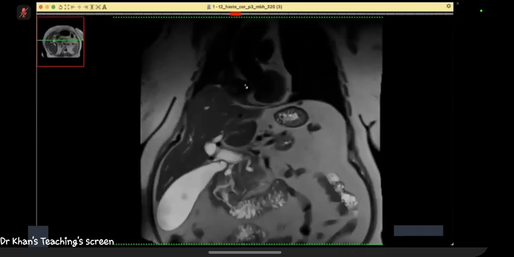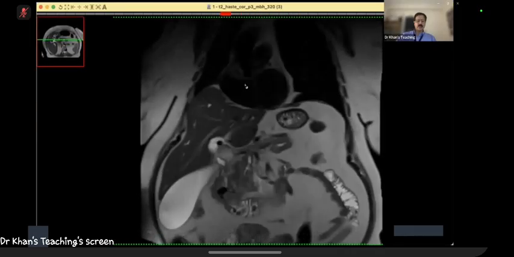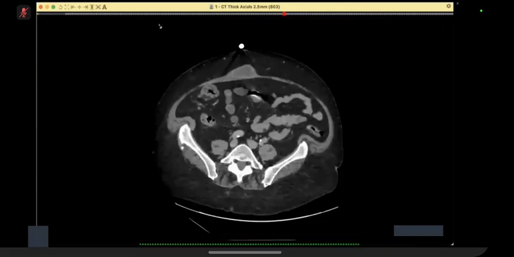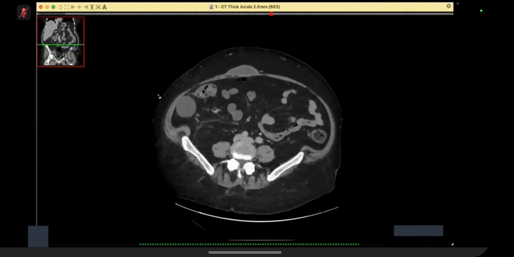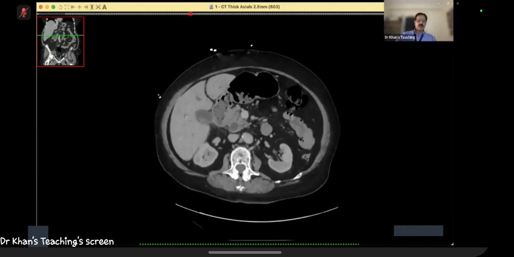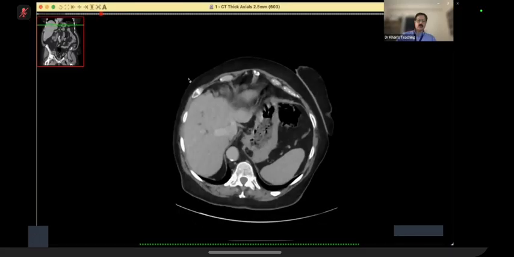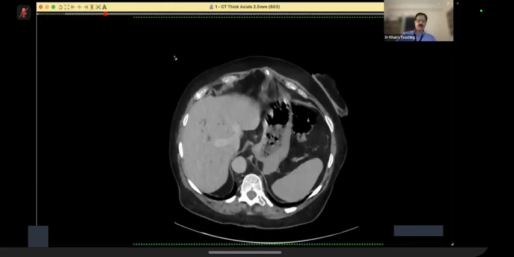Do you want to see another modality? Yeah, I'd like to go for a CT, then triple phase CT. Okay, this is a CT. I'm going up and then I'll scroll down.